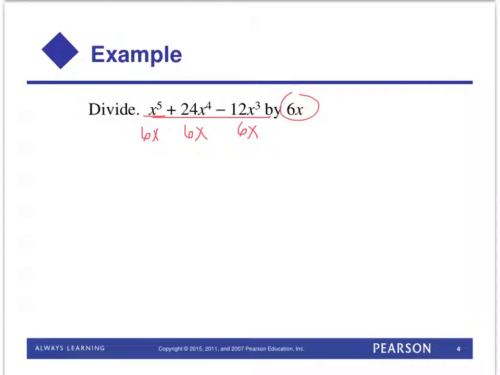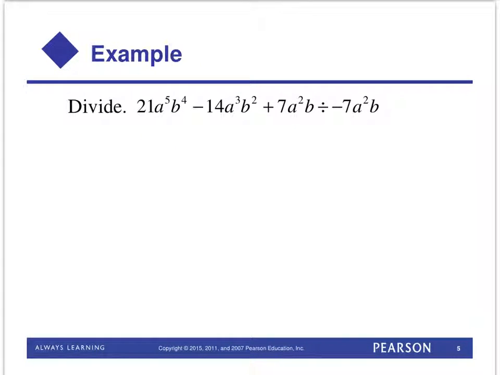You can't do anything about the 6, but you can take the x to the 1 and the 5 and subtract, so you get x to the 4th over 6. 6 goes into 24 4 times. 4x being divided by x is simply just x to the 3rd. And then 6 goes into 12 2 times, and that's negative. And then x to the 3rd being divided by x is simply just x squared, and you're finished.